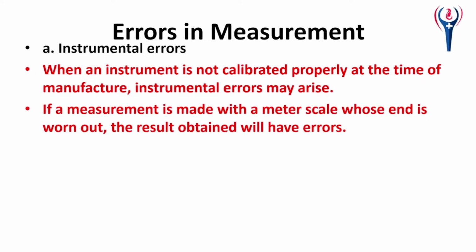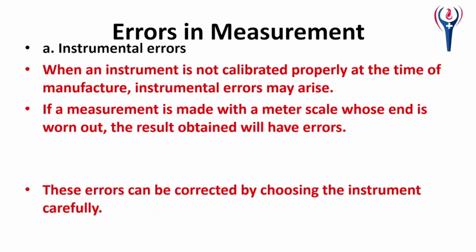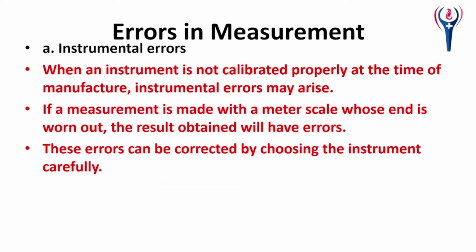If a measurement is made with a meter scale whose end is worn out, suppose the end is not proper like this, and you use it, you will get some error. That is instrumental error.